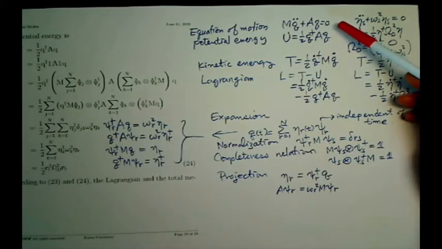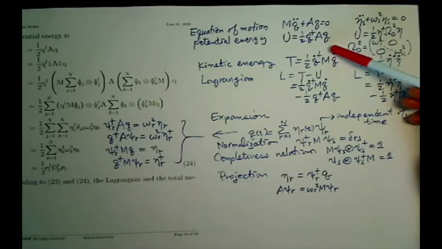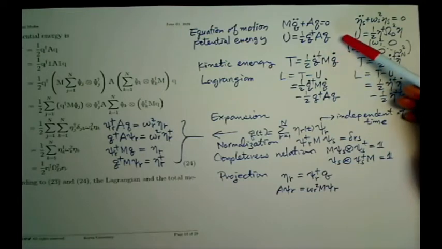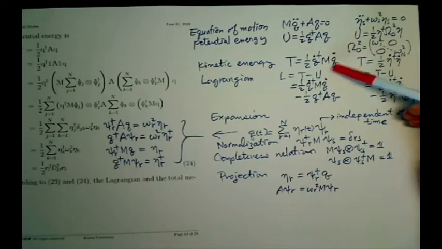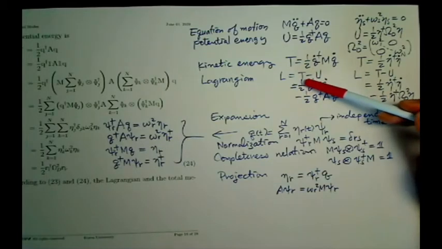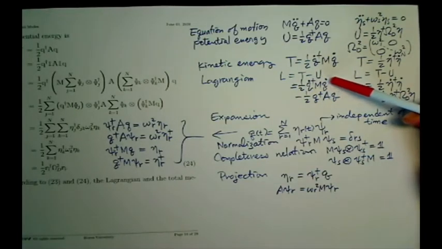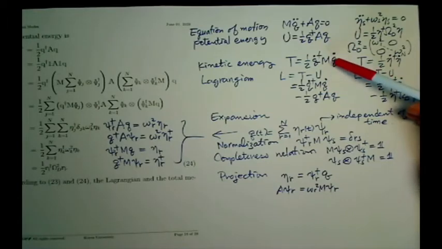If we write down the equation of motion in terms of the generalized coordinates q, the potential energy and kinetic energy are written in this form, and the corresponding Lagrangian will be the kinetic energy subtracted by the potential energy. And if we substitute them into here, the Lagrangian is obtained.